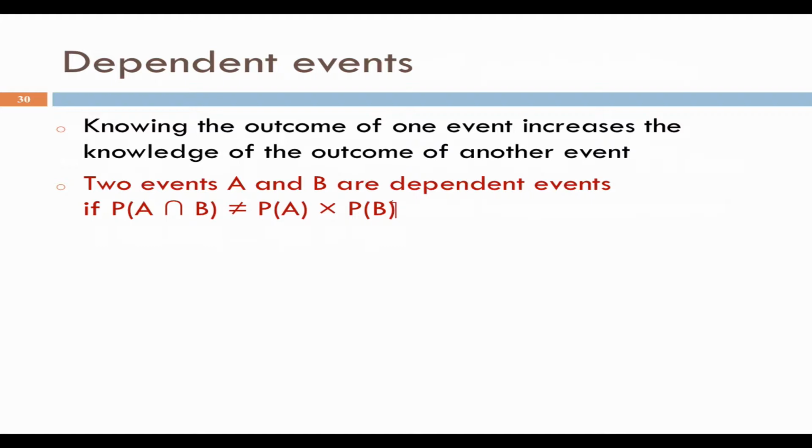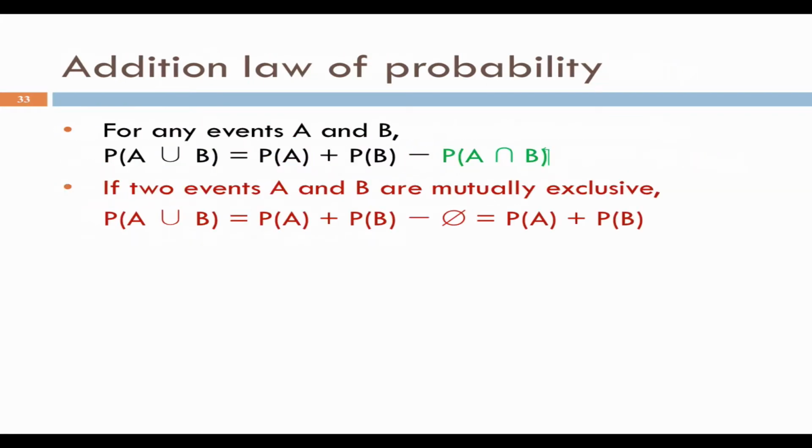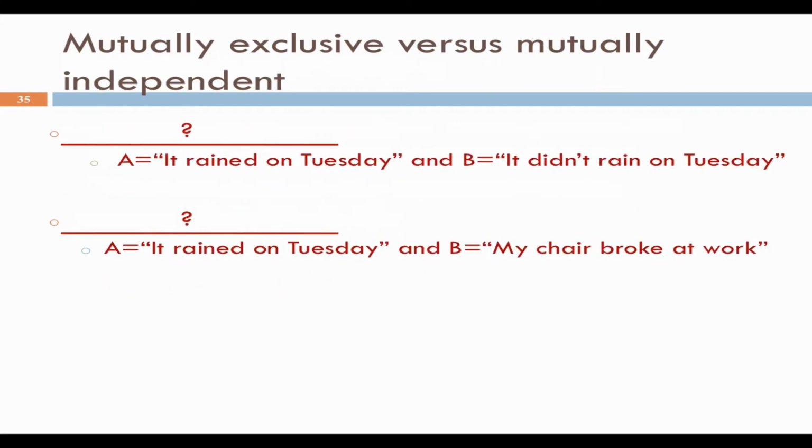So we have introduced the concept of mutually exclusive, and then the concept of independent events. Is there any relationship between those two? Before we go there, let me give you an example, and let's see intuitively whether we understand those two concepts.